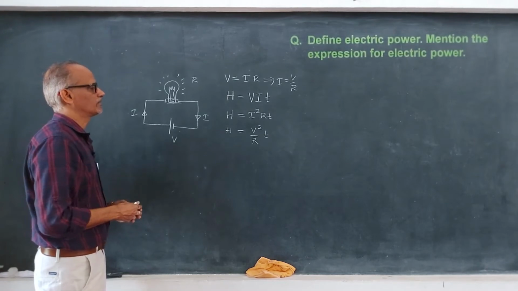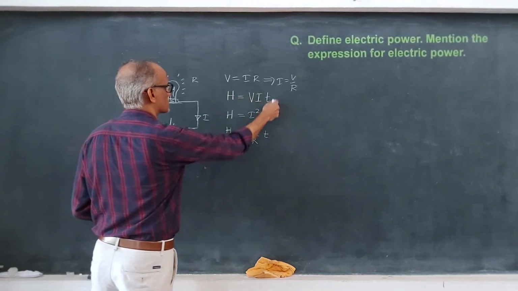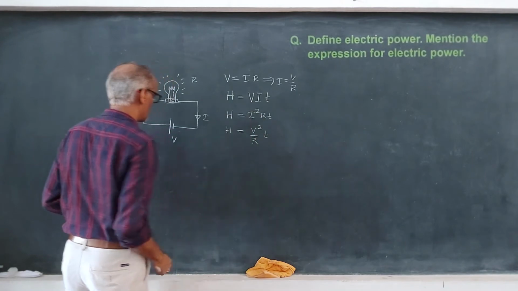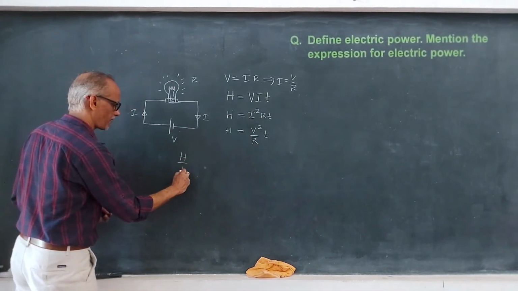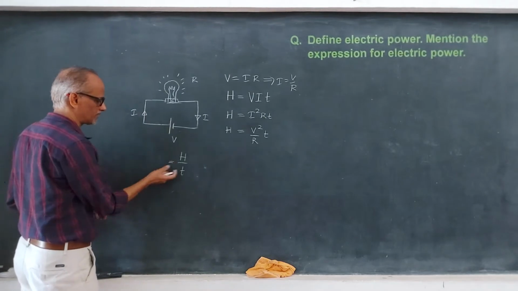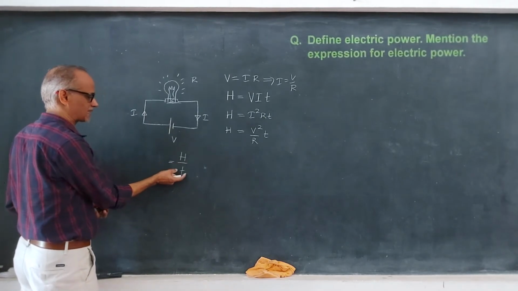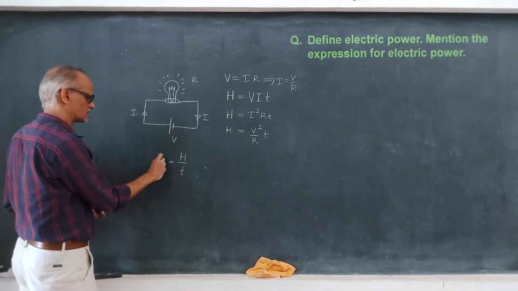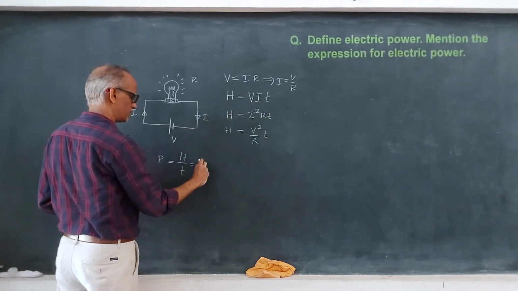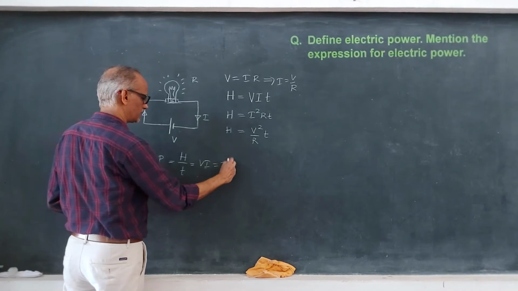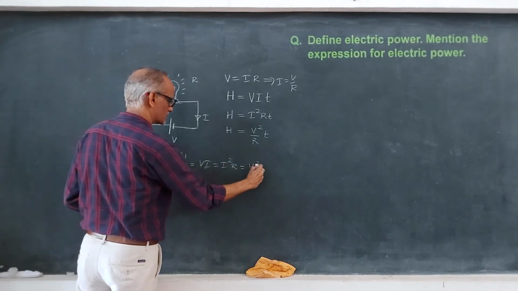The amount of heat generated is what we measure. Now, heat generated per unit time, or the amount of electric energy consumed per second, is called power. That is why H by t will give you VI, I squared R, or V squared by R.